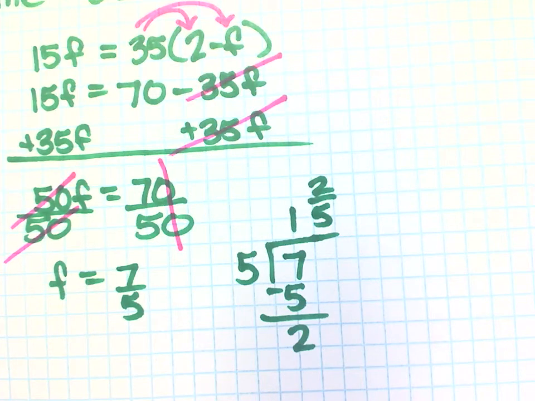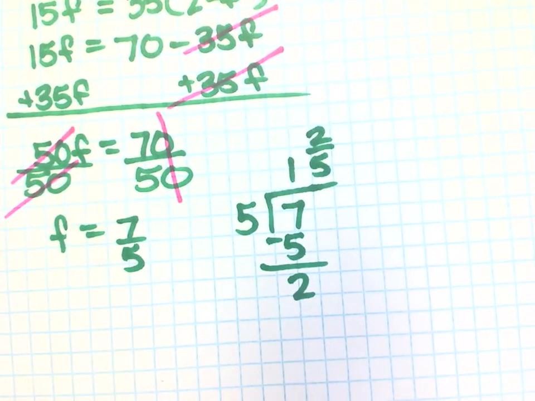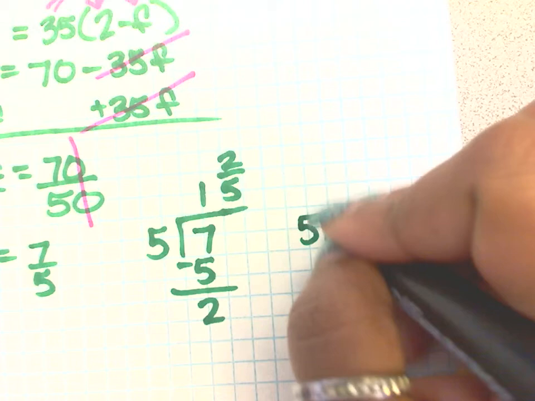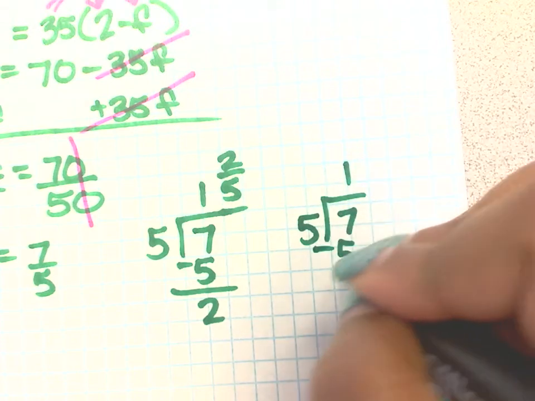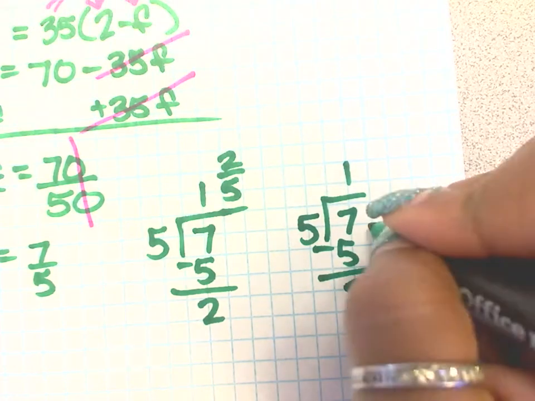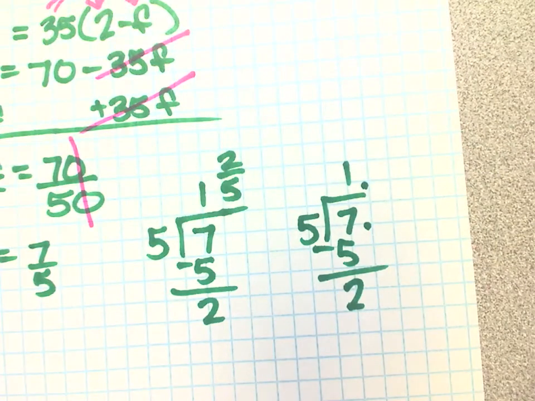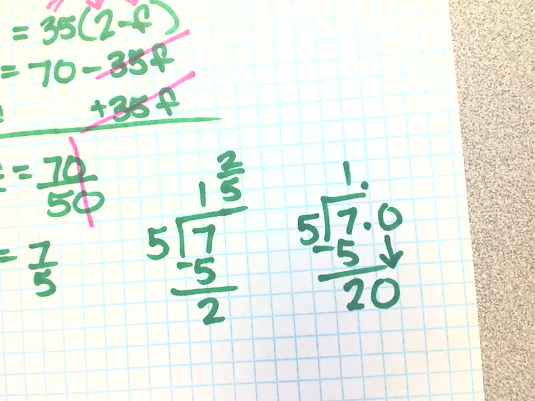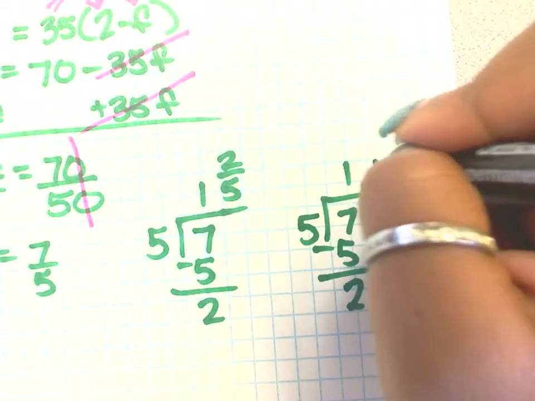Nope. So what am I going to have to do? Make it into a decimal, right? So you could have done it this way and continued and made it a decimal. 7 divided by 5, 1, get 2, add the decimal, put a 0 there, and bring down the 0. 5 goes into 20 4 times.